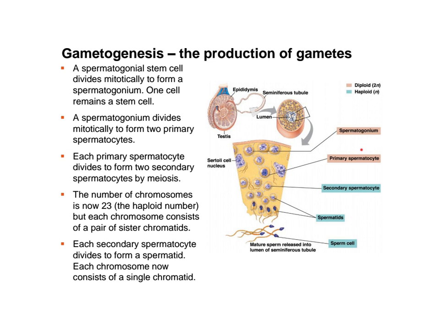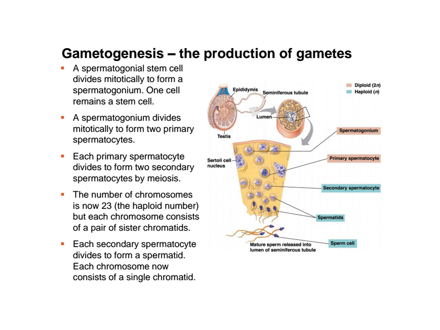So this division was mitotic, and therefore the spermatogonium and the primary spermatocyte are both diploid, meaning they have the full complement of chromosomes, which would be 46 in a human. Now, the next stage, each primary spermatocyte divides to form 2 secondary spermatocytes, and this division is by meiosis.